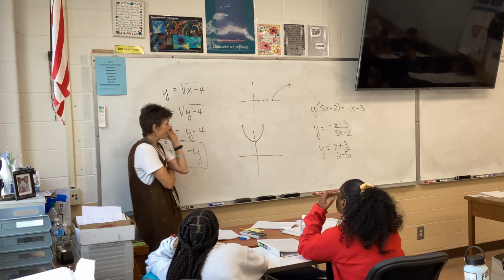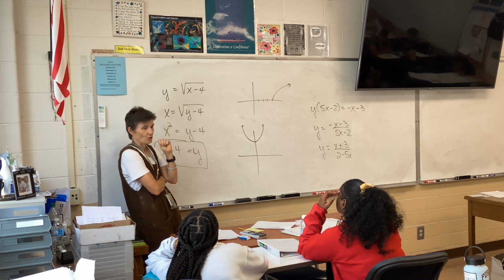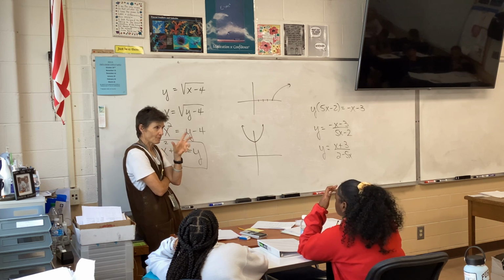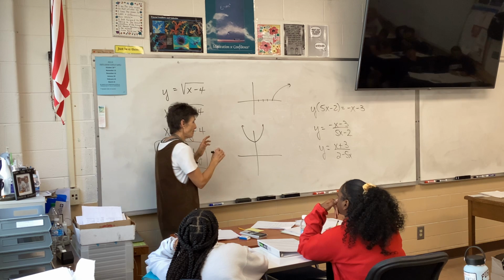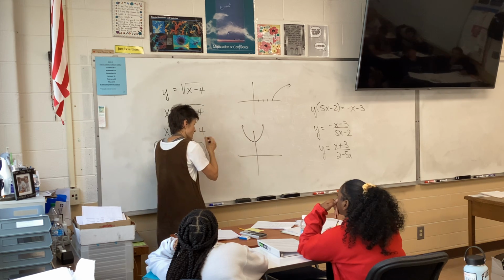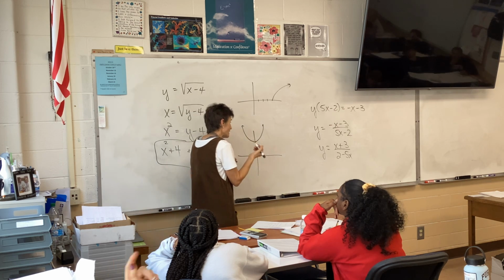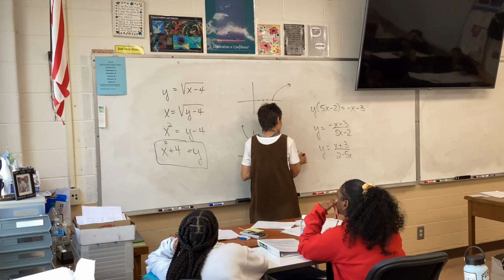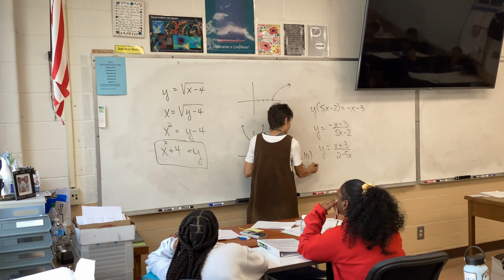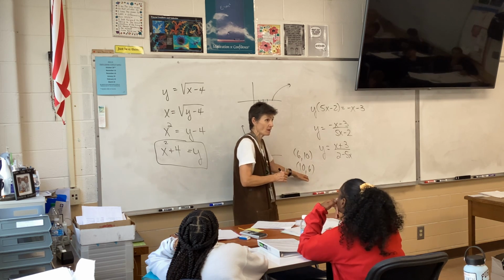Now, does anything about this situation bother you at all? Remember, these are inverses, so they undo each other, which means if you plug 6, I'm making these numbers up, if you plug 6 into the original, you get 10, and then if you plug 10 into the inverse, you get 6 back again. Remember that phenomenon we looked at?